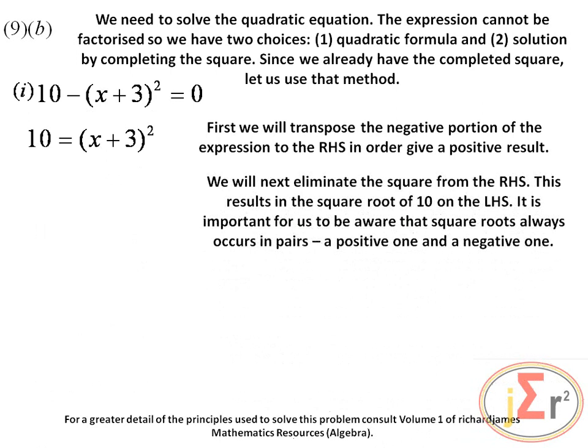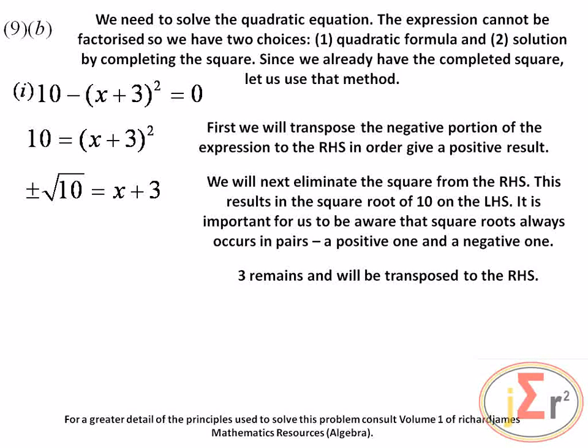This results in the square root of 10 on the left hand side, and it is important for us to be aware that square roots always occur in pairs, a positive 1 and a negative 1, plus or minus the square root of 10. And we have x plus 3 right there.